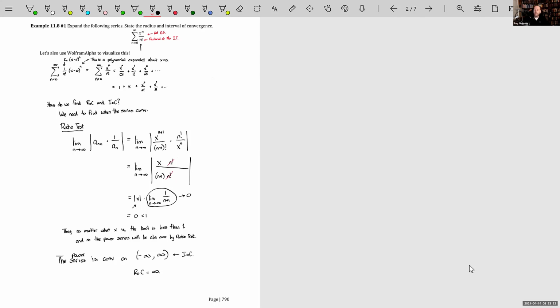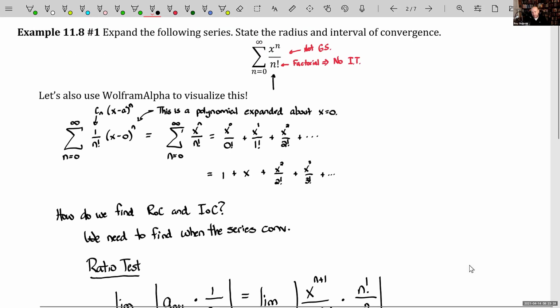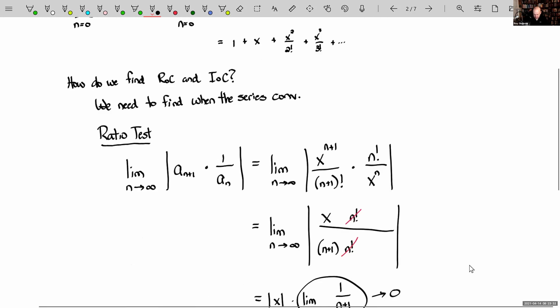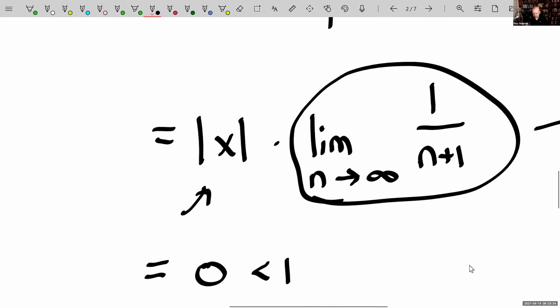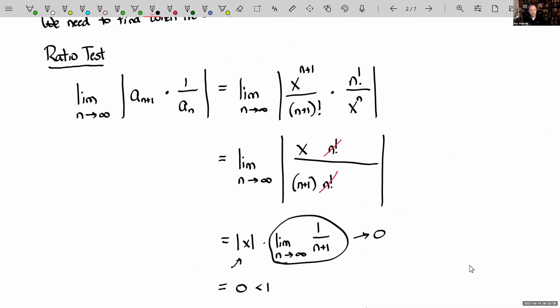How is the interval of convergence all real numbers? No, actually, I'll tell you how it's all real numbers when I give you the visual. It's all real numbers because no matter what I plug in for x, remember we did the ratio test, right? And the ratio test is going to show us that this series will converge if the limit is less than 1.